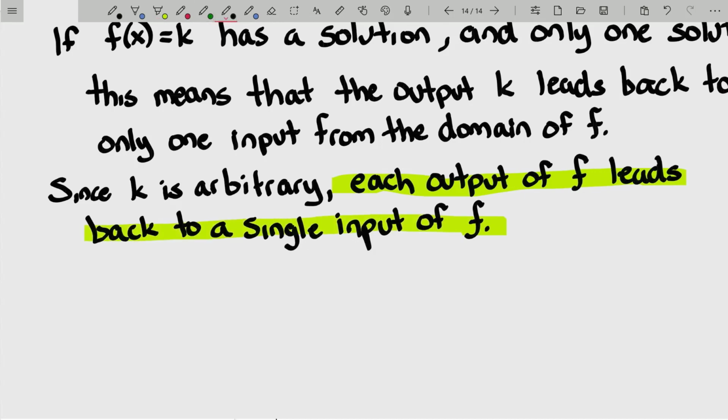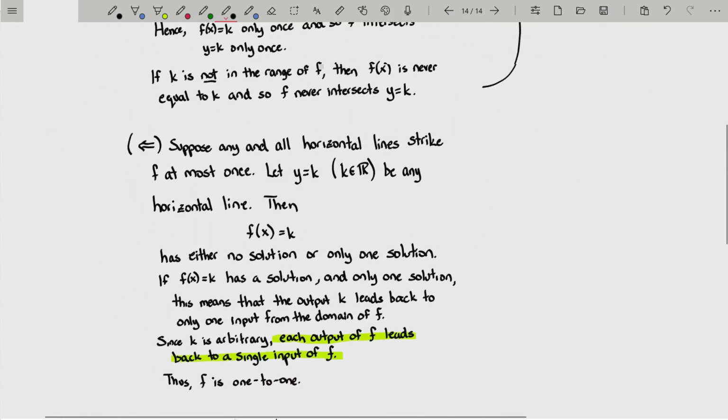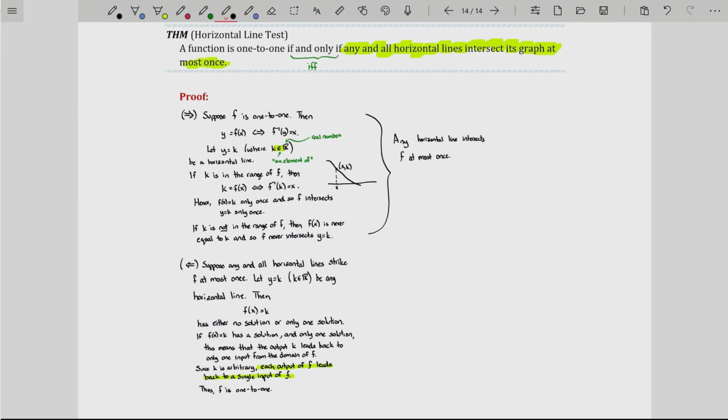So thus, we have shown that f is one-to-one. And that's where we wanted to arrive in this second half of the proof. We wanted to assume that any and all horizontal lines intersect the graph at most once, and arrive at f must therefore be one-to-one.